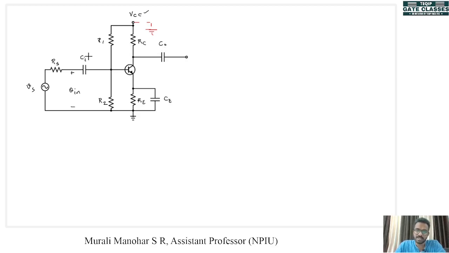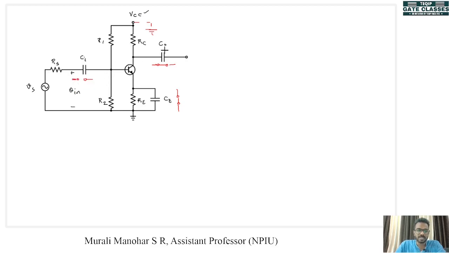So they are designed like that. If these capacitors are considered to be lower reactances, that means we can approximate them into short circuits, right? So this becomes a short circuit, this becomes a short circuit, this also becomes a short circuit.